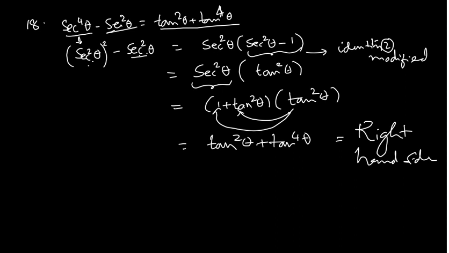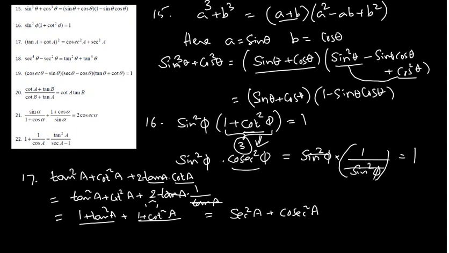Okay, so then the 19th question is cosecant theta minus sin theta, secant theta minus cos theta, tan theta plus cot theta. Wow, this is a lot. So I better take this and put it onto the next page.